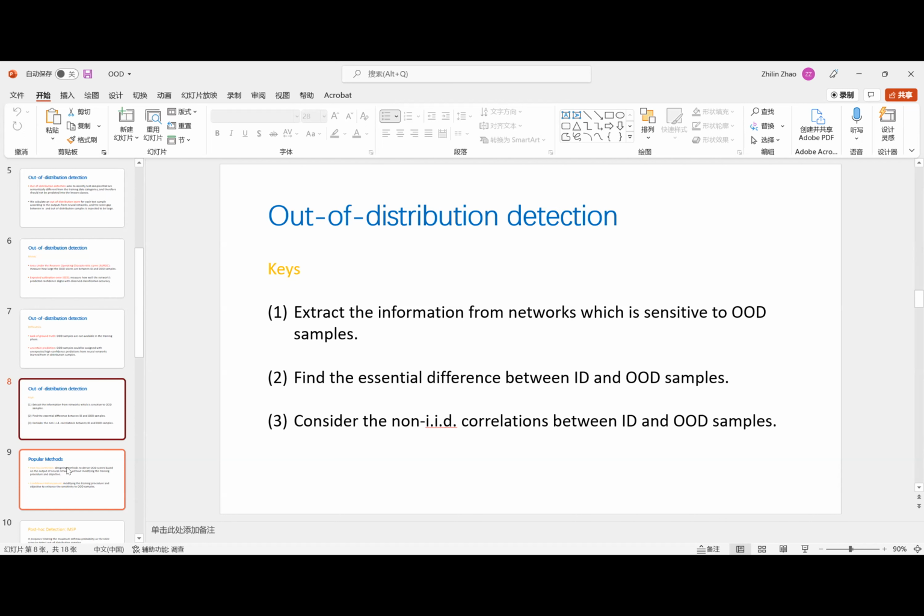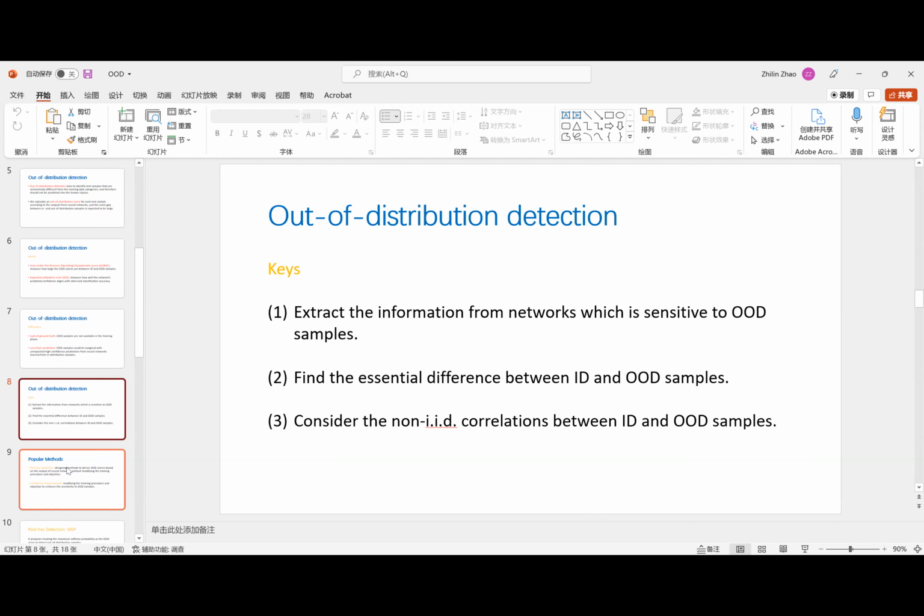In order to do so, we have to find the essential difference between the in-distribution and the out-of-distribution samples. According to the difference of the data characteristics between the two kinds of samples, maybe we can design some methods to find the information which is sensitive to the out-of-distribution samples.